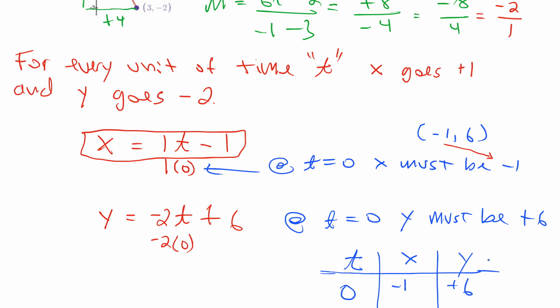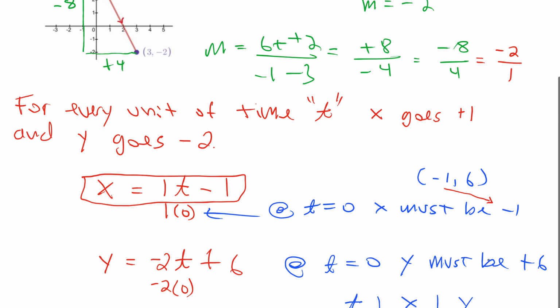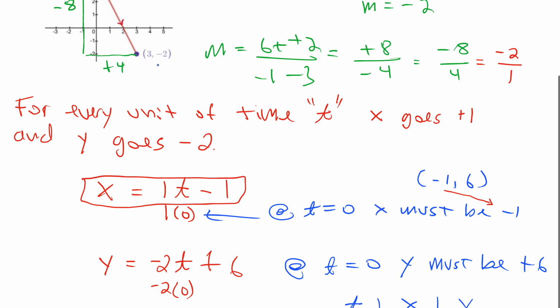Then I'm going to figure out the ending by thinking about it a little bit. At what time will y be negative 2? What time has to go by so that y is negative 2?